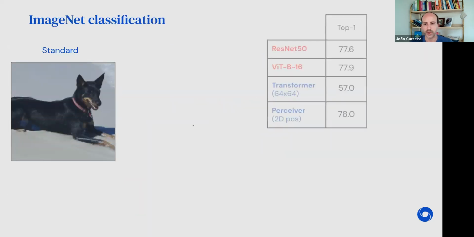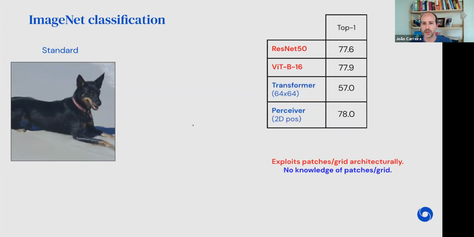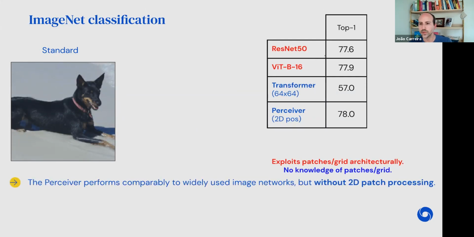So I can talk a little bit about results now. If you have a ResNet-50 on ImageNet, it gets like 77.6, but it uses knowledge of the grid structure. A ViT model gets around the same, also using the grid structure to get patches.